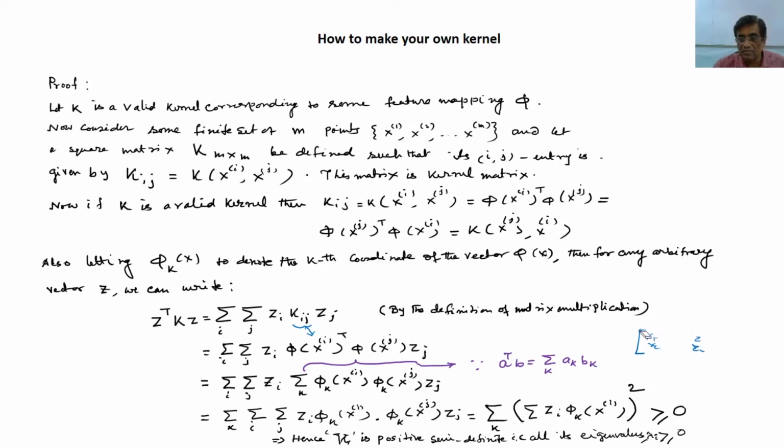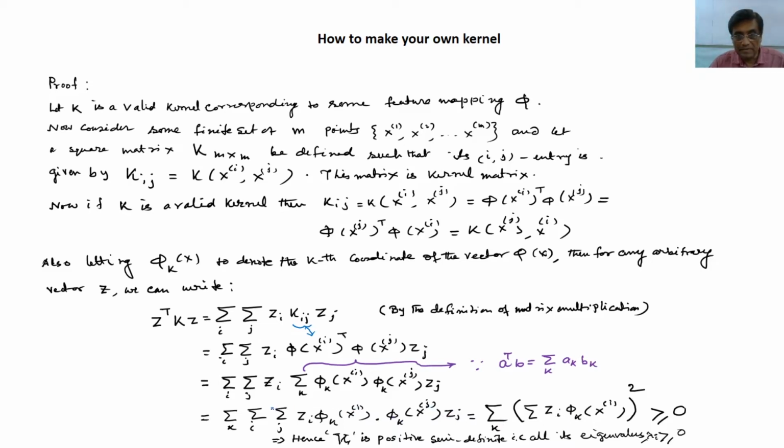So this is what we are performing with the summation sign here. And you all know that matrix multiplication, A transpose B, equals the summation over k of Ak Bk. So that's the summation we did. And then taking this here, ij, we are rearranging, just algebra, zi phi k xi times phi k xj zj, equals the summation over k.